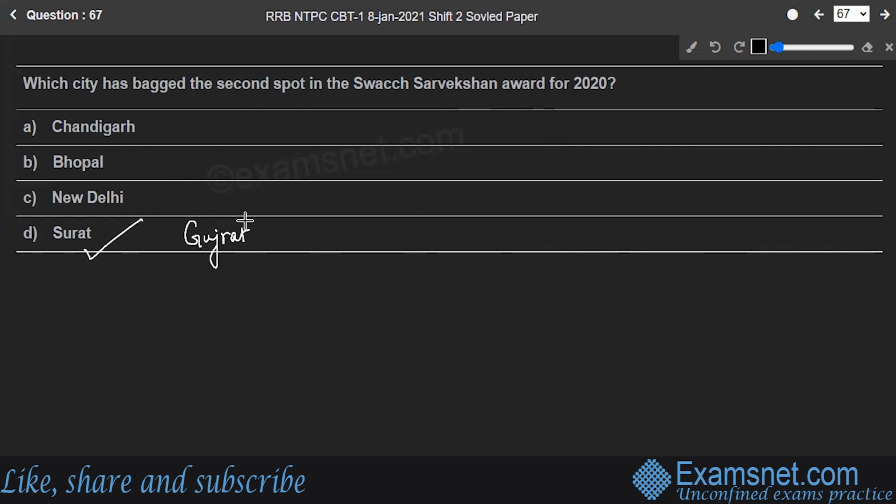In the fifth edition of the annual cleanliness survey of the country in 2020, Indore, Madhya Pradesh was placed on the first spot. And the second one was Surat, which is in Gujarat. And the third one is Navi Mumbai.